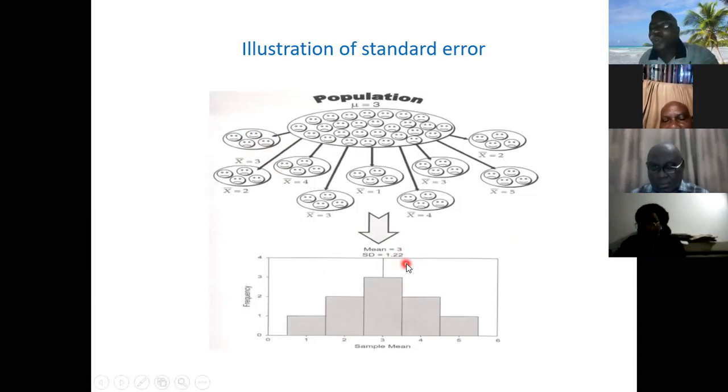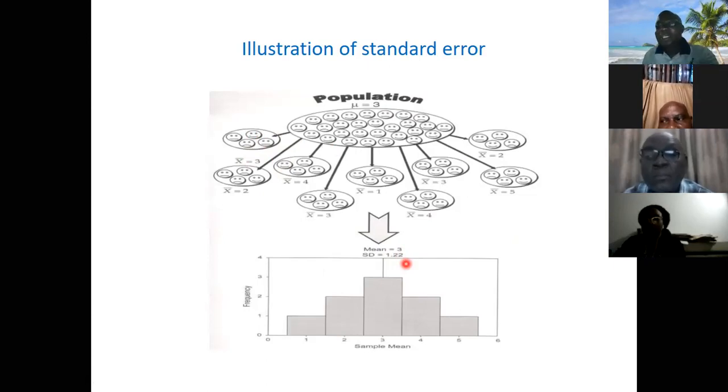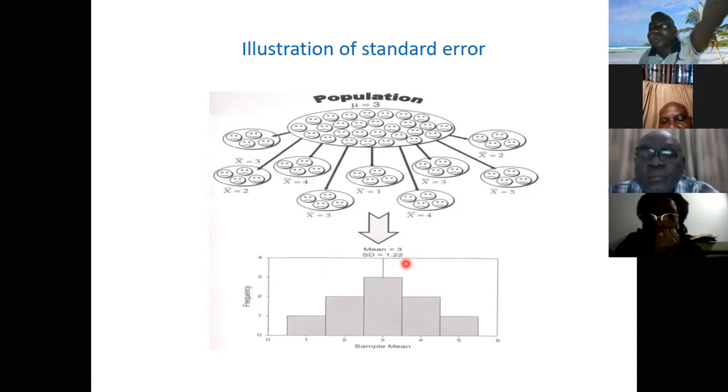So 1.22 is the standard error, which is the standard deviation of the sampling distribution. The mean of the sampling distribution is believed to equal the real parameter we are looking for in the population. The standard deviation of that sampling distribution is called the standard error.